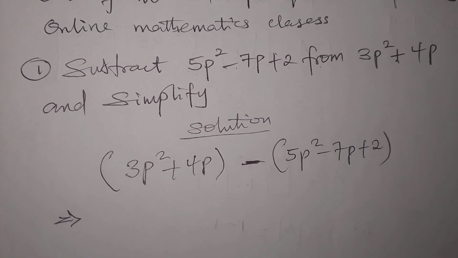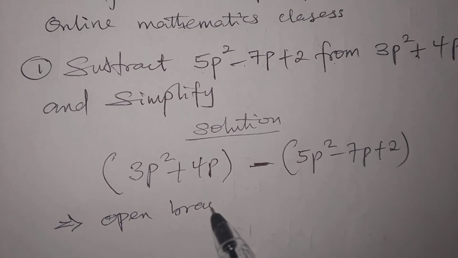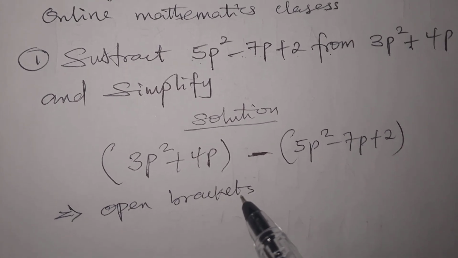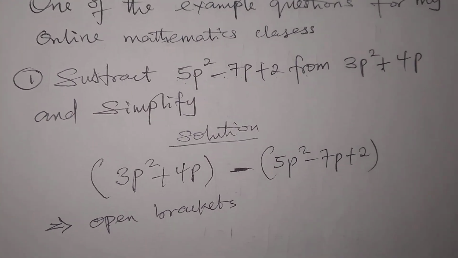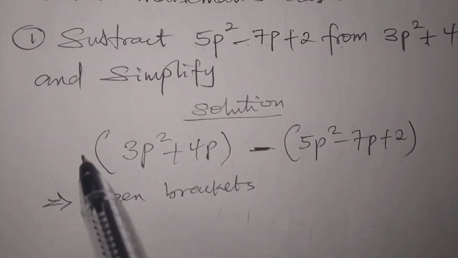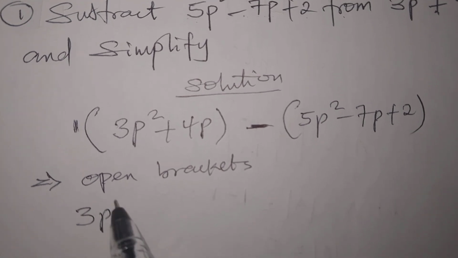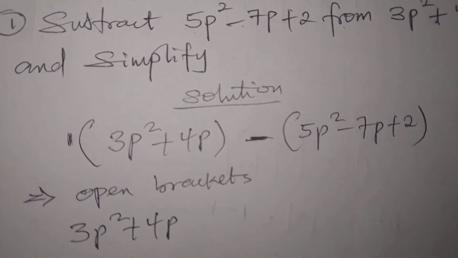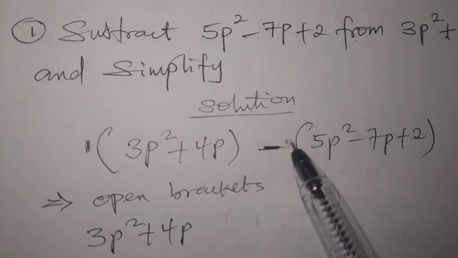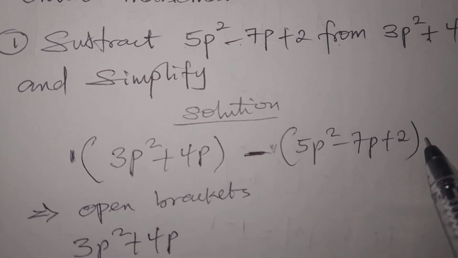Now I will open the brackets, and I will show the step-by-step procedure. How to open the bracket is very simple. The first bracket automatically has an invisible one, so opening it gives 3p squared plus 4p. The second bracket also has an invisible minus one, so we open everything because it affects everything inside the bracket.